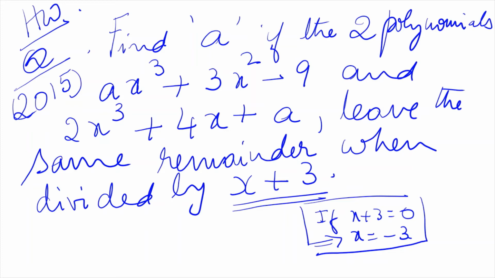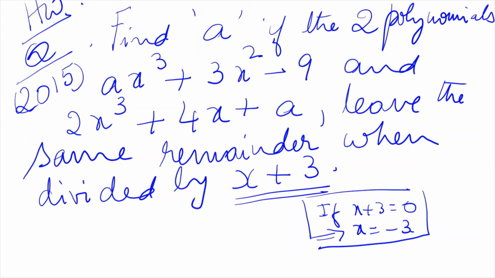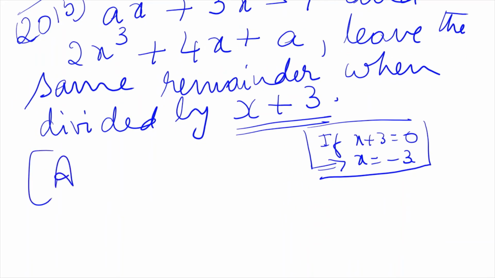Okay, do it as homework, and the answer for this question is a is equal to 3. If you do not get it, ask me, I will show you. But the steps are the same. Only thing is, in both the expressions, in place of x, you have to substitute minus 3 and then equate the remainders. Is that clear, children? Do it. If you don't get it, I am there to show you.